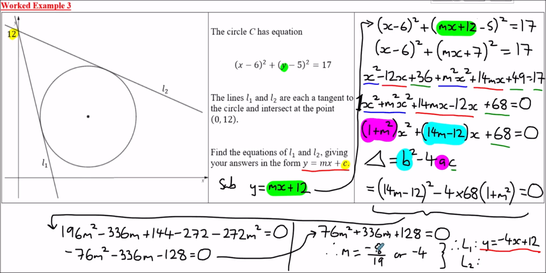So L2 is one with gradient minus 8/19. So for L2 we've got y equals minus 8/19 x plus 12. Because remember, again, like we set out this question, both have a y-axis intercept at 12, which you can see up here. So that's an absolute beast.